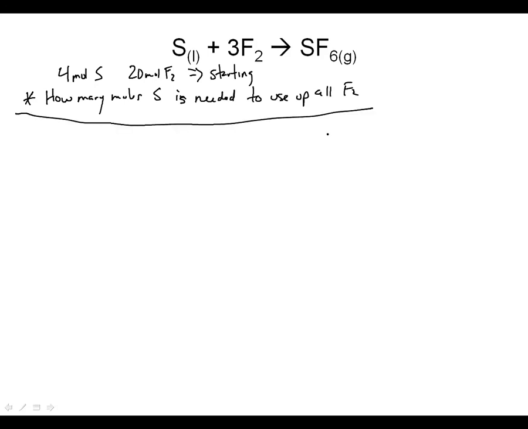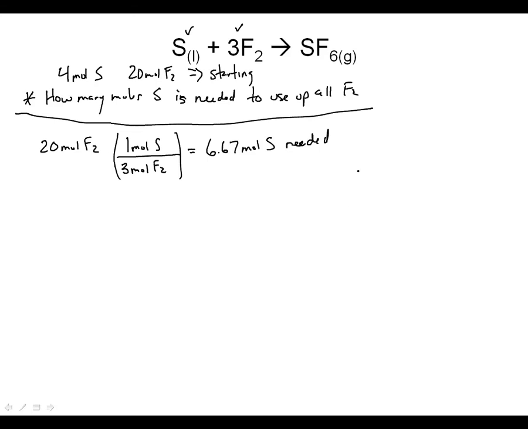We would start with our 20 moles of F2. It would be the same relationship that we used on the previous slide, where from the equation there are 3 moles of F2, which means if we take the 20 moles and divide it by 3, we get 6.67 moles of sulfur is needed.